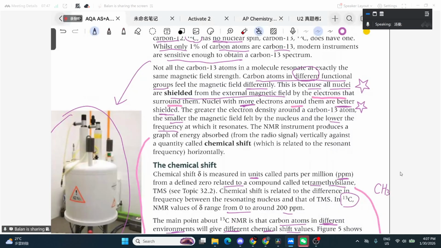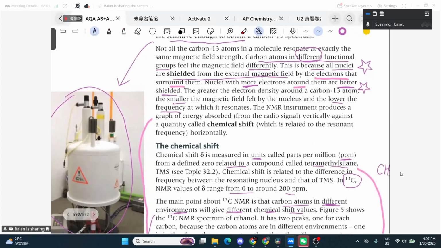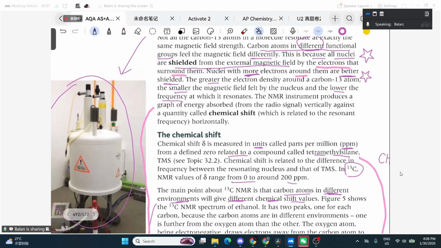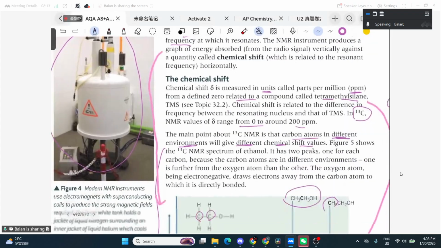Nuclei are shielded from the external magnetic field by the electron clouds around them. If there are more electrons around them, they are better shielded. So if there is greater electron density around a carbon-13 atom, the smaller magnetic field they will feel, and the lower the frequency at which it resonates.